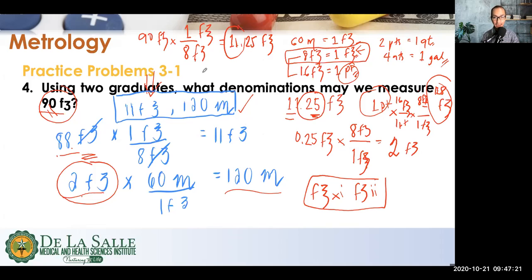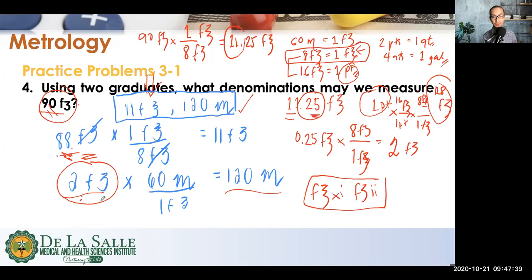Remember that each fluid ounce is equivalent to 8 fluid drams. So you will multiply 11 by 8, so you get 88. Now that you have 88, you will subtract that from 90, and the remainder is 2 fluid drams.